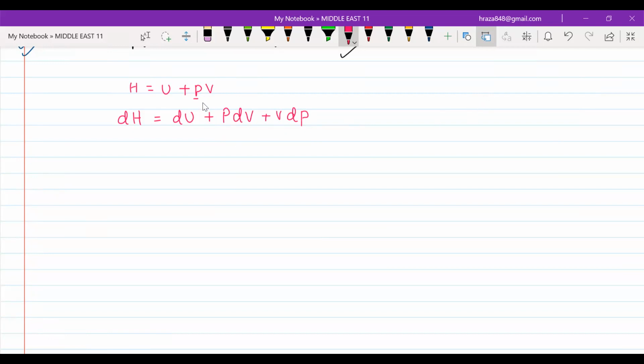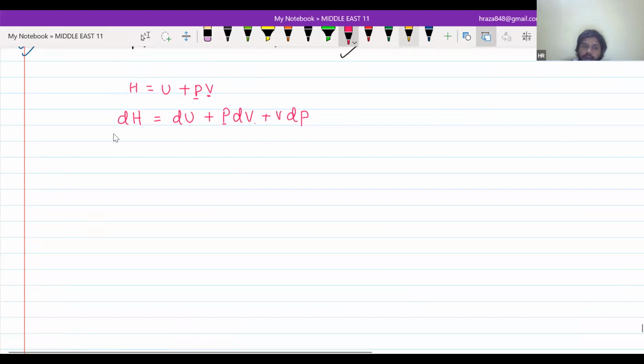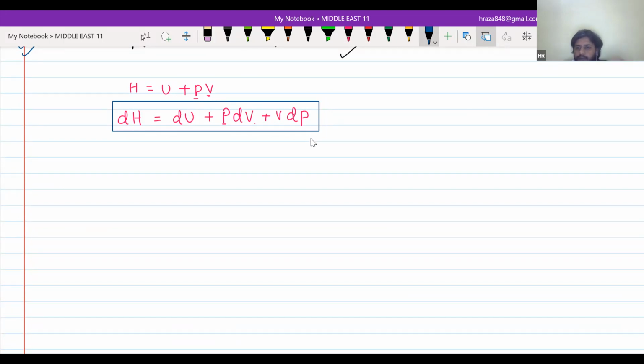In physics, we take P as constant and then differentiate V, so it will be P dV. And we take V as constant and differentiate P. As you know, for enthalpy the pressure is constant. I wrote it for the first definition, do you remember? So at constant pressure, dP equals 0.